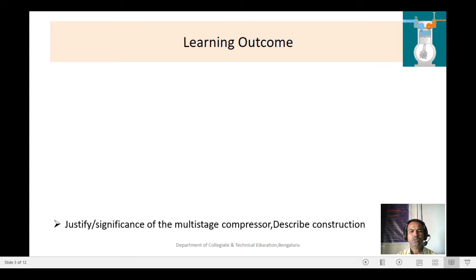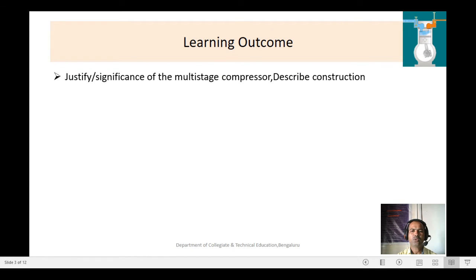And also we are going to learn about the basic working principle and the construction of the multi-stage compressor. It may be a two-stage, or a three-stage, or a four-stage multi-stage compressor. And also we are going to learn the basic concept of intercooling. This intercooling is provided in between the two cylinders.